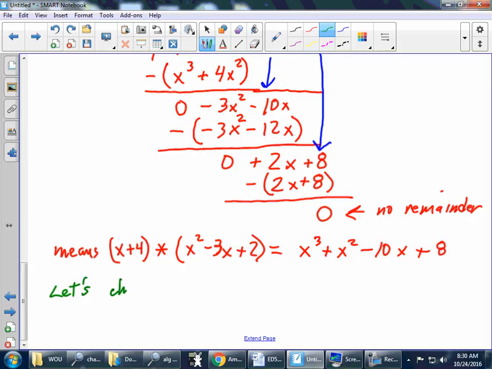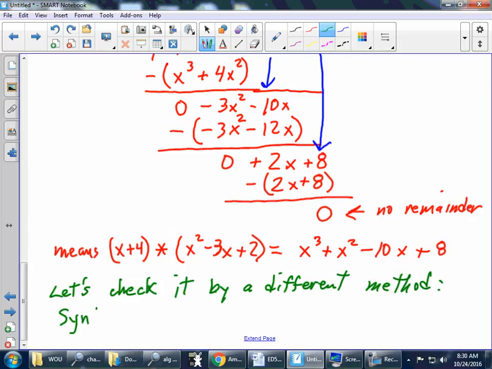Let's check it by a different method. Synthetic division.